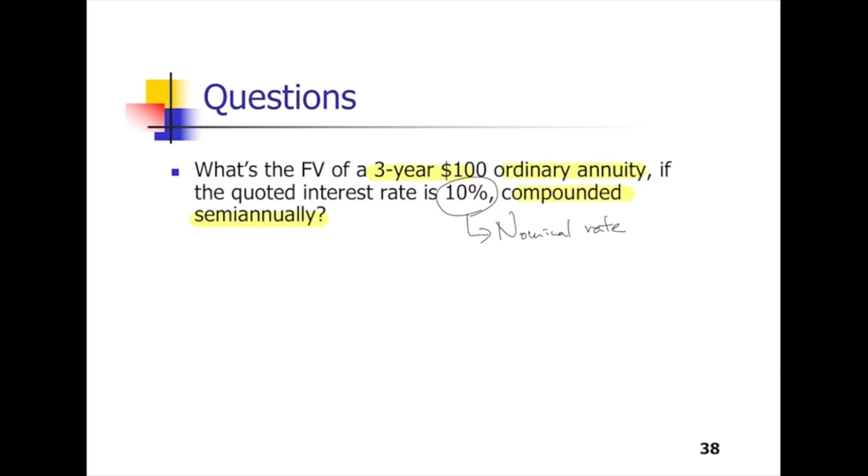In this case, you can easily understand using a timeline, right? So let's draw the timeline first. We have 3 years and an ordinary annuity, so payments occur here and here and here, right? But it is compounded semi-annually, so you should calculate the period rate first.